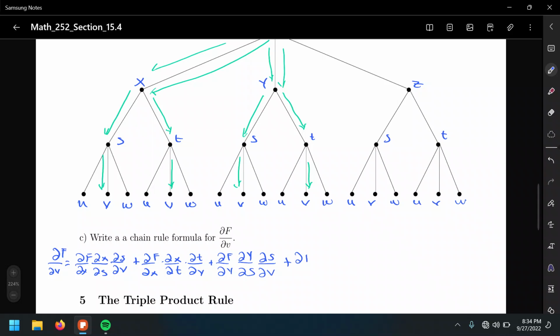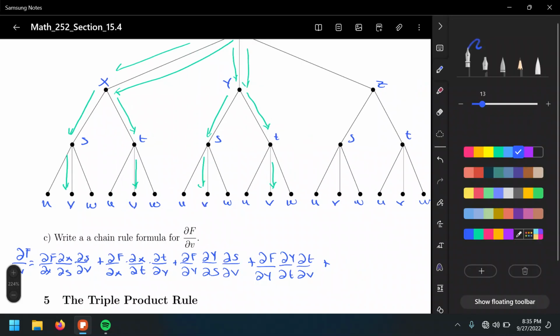So partial f with respect y times partial y with respect t, partial t with respect v. So we got 4 out of the 6 terms.